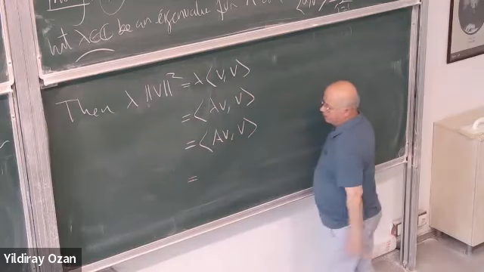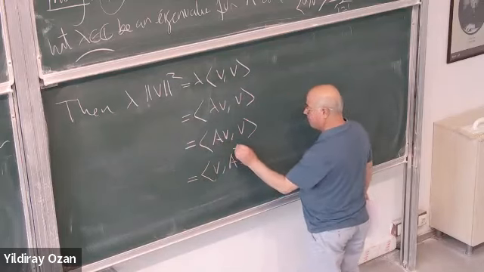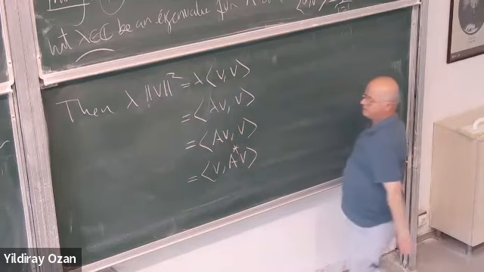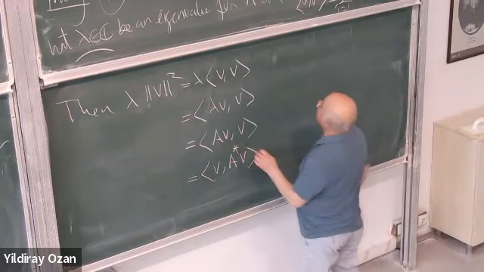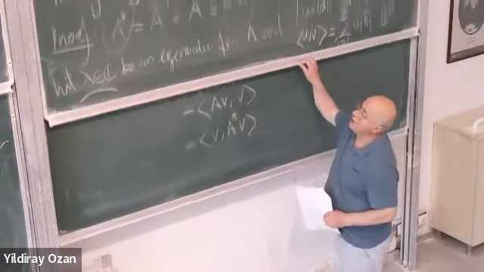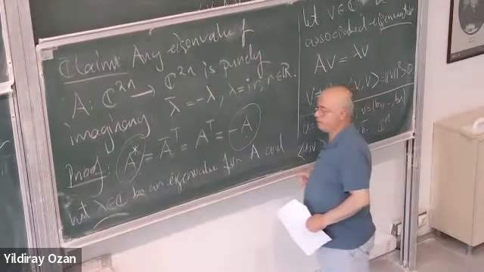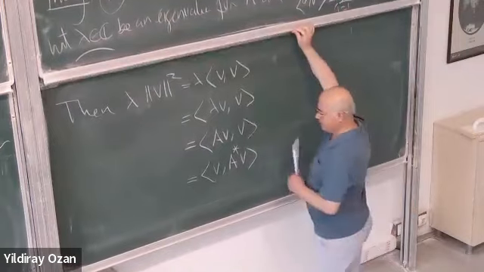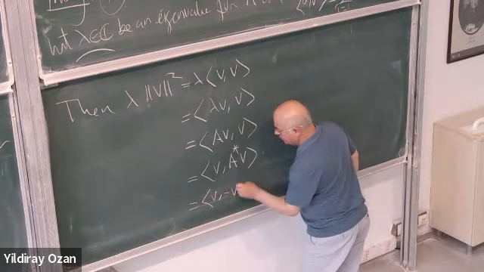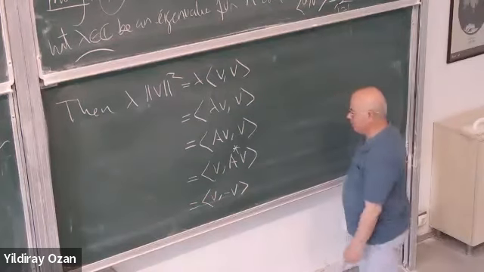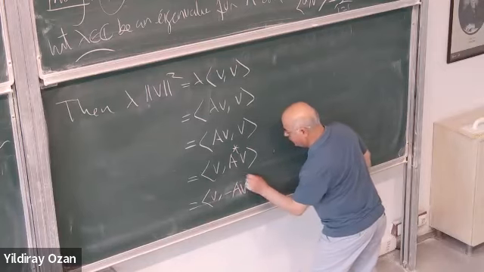And then I can take this to the other side as A star. But A star is, in our case, minus A.